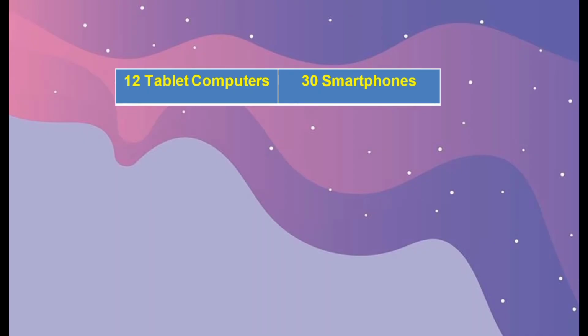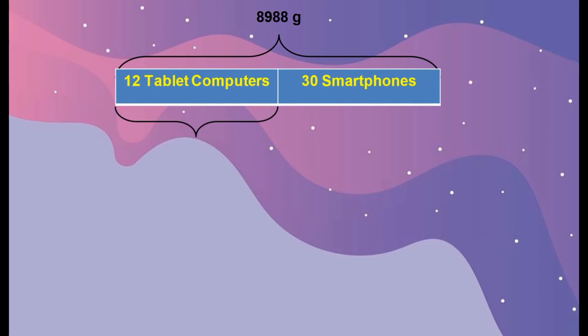5,628 grams, 12 tablet computers and 30 smartphones. As it is given in the question that the total weight of these 12 tablet computers and 30 smartphones is 8,988 grams. So in this way you will show the bar model presenting the total weight, and as we just found, the weight of 12 tablet computers is 5,628 grams.